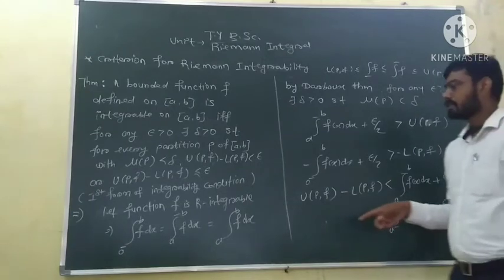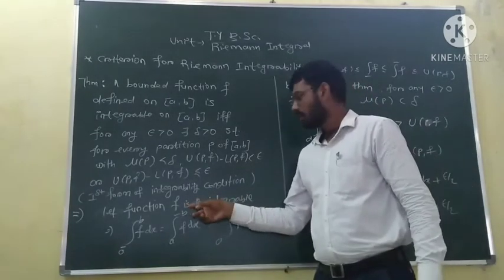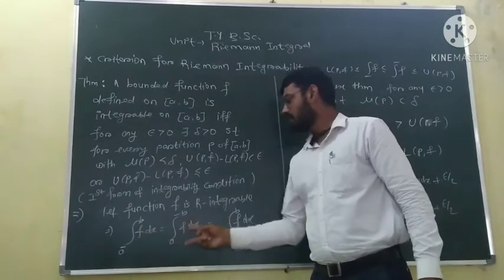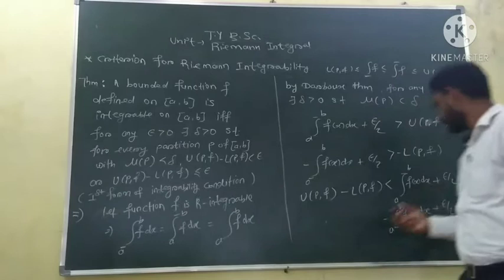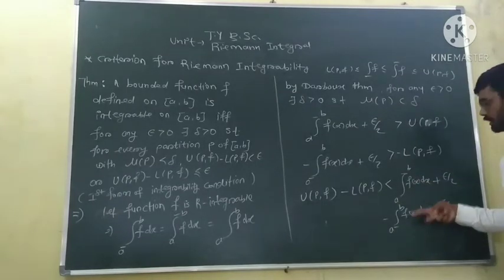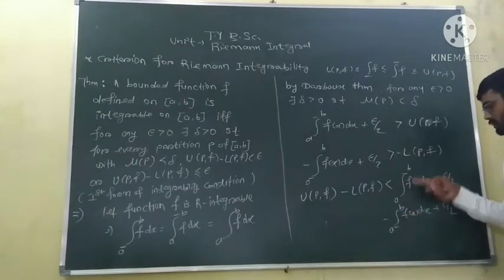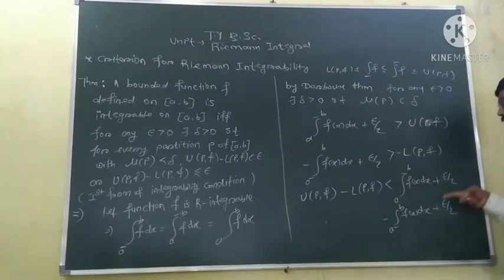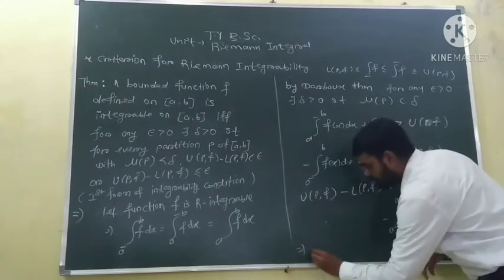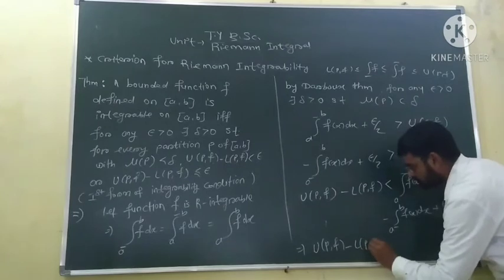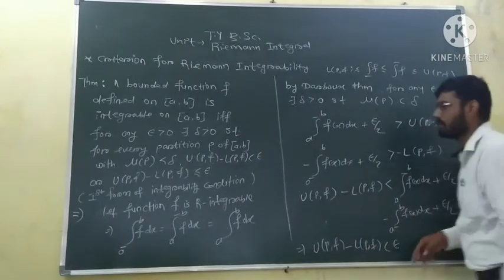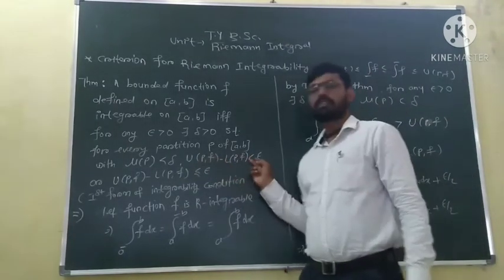Now since the function is Riemann integrable, we have already seen the lower integral is equal to the upper integral is equal to the integral of f. So this upper integral and lower integral are the same. This is plus, this is minus, so this gets cancelled. What remains is only epsilon by 2 plus epsilon by 2, which is only epsilon. Which implies upper sum minus lower sum is less than epsilon. So we have proved this.